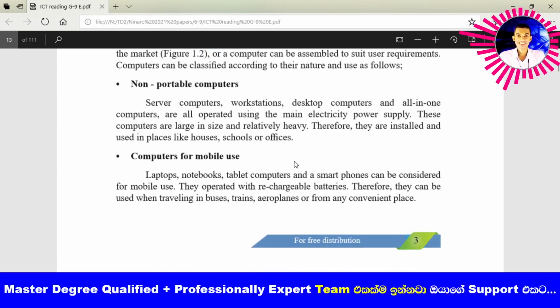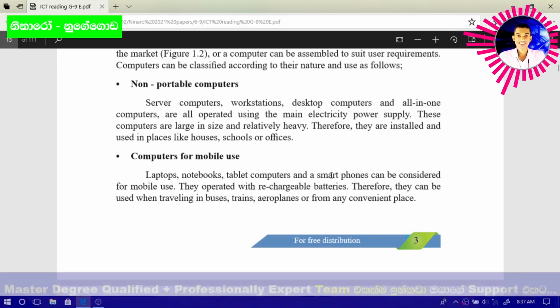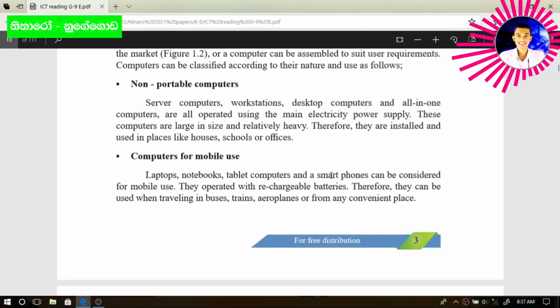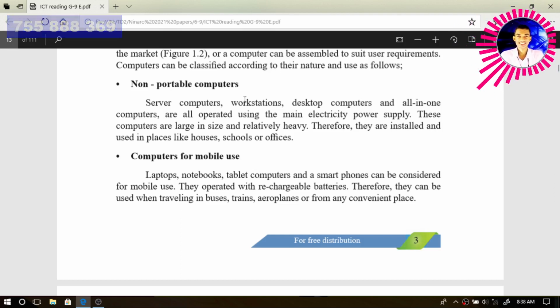If we want to bring it from place to place, we can use mobile computers such as laptop computers, tablet PCs, notebook computers. Non-portable computers we keep in one place, but mobile computers we can bring from one place to another, from home to office, office to school, and various other places.